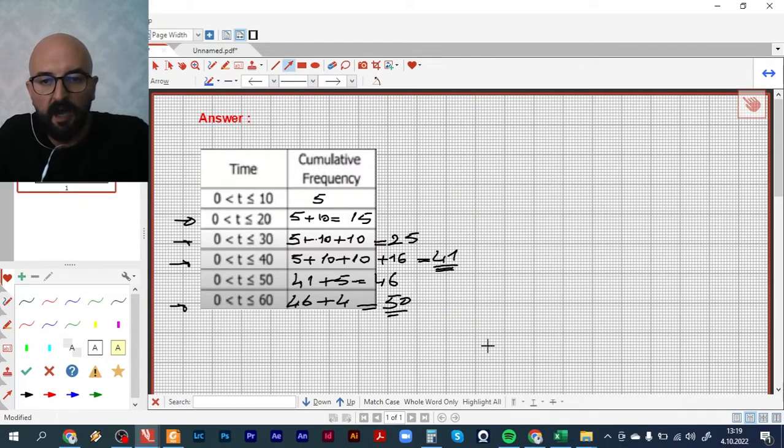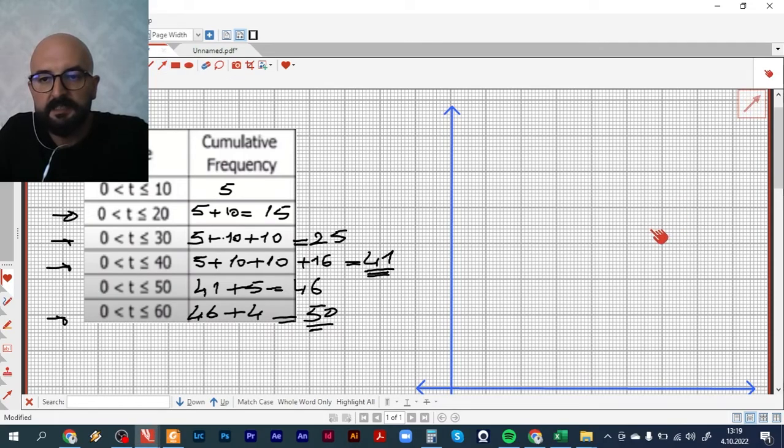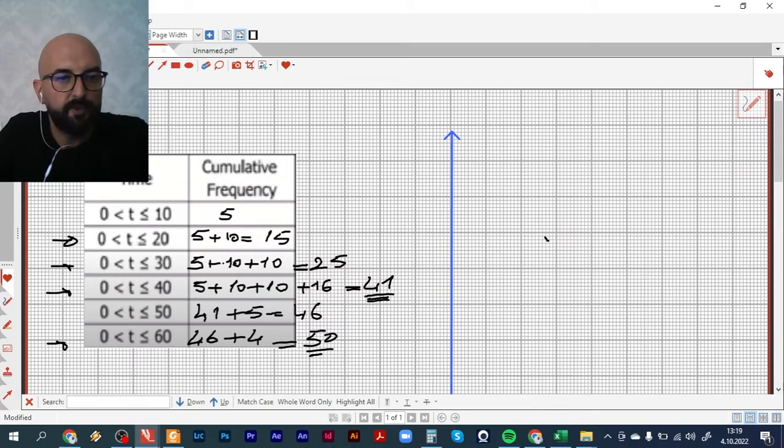In our graph, the x-axis means times, and the y-axis means cumulative frequency, or CF.